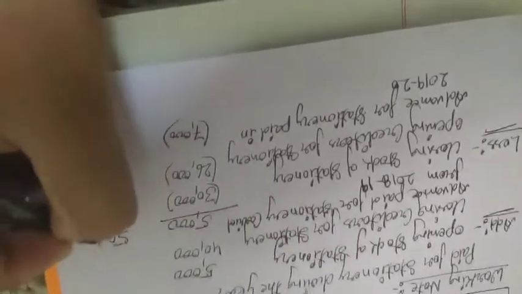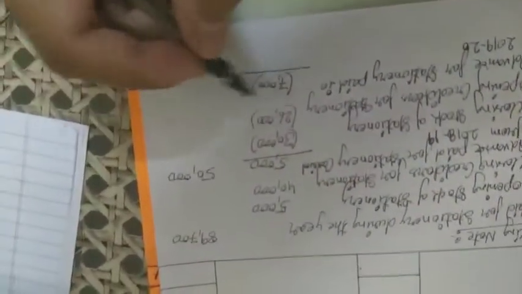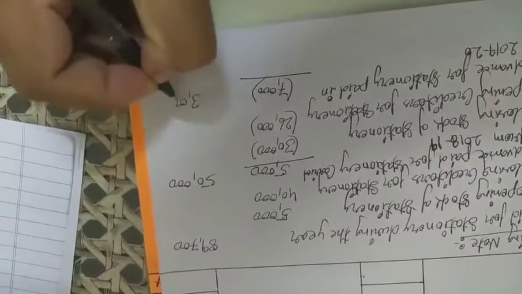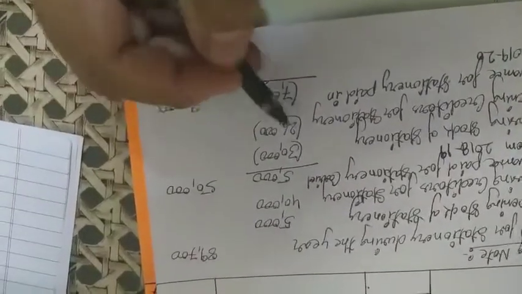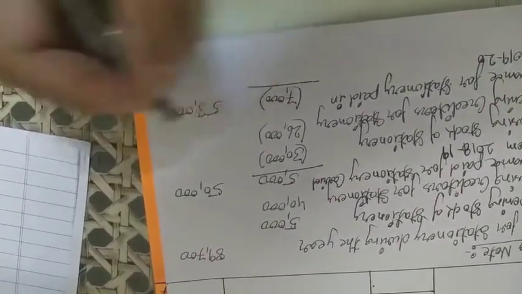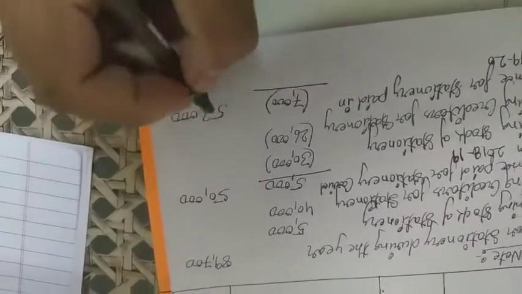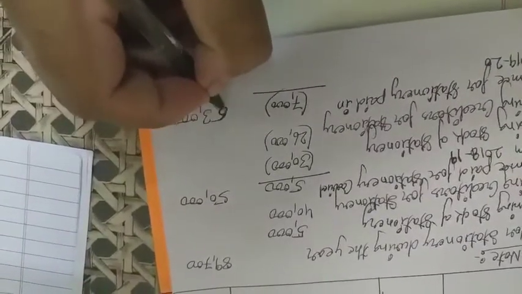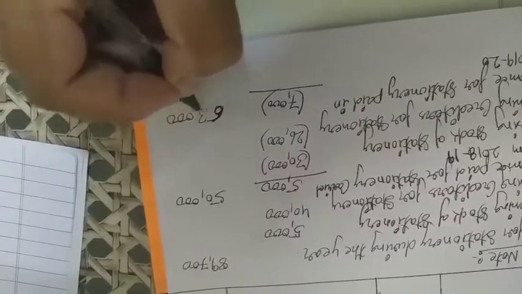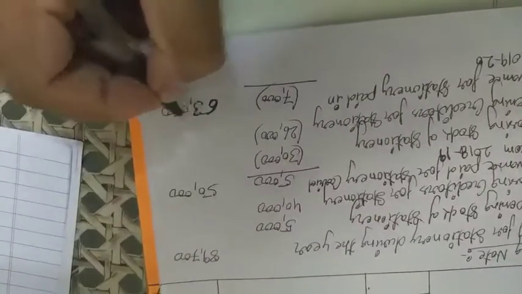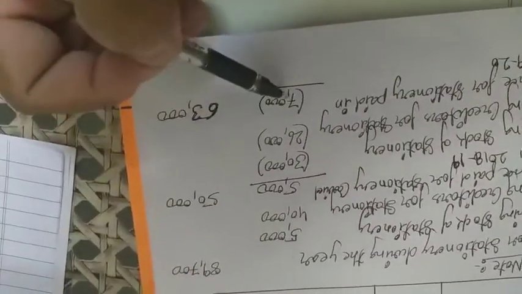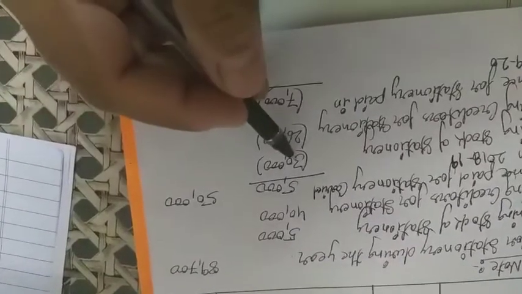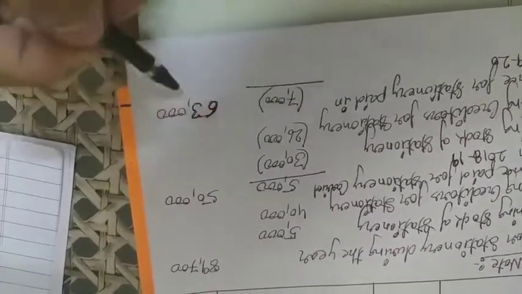So the total amount is 50,000, and adding the subtracting amounts, 3 and 5, 6, sorry, 6 7 13, carry 1, 5 3 4 2 6.